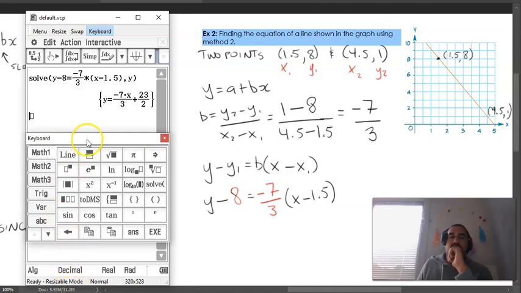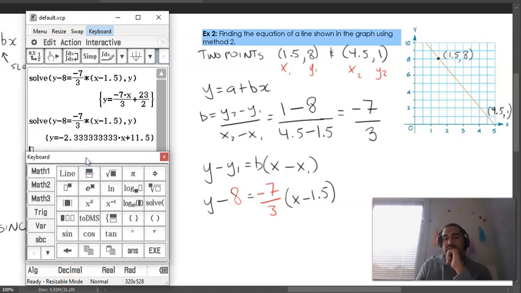Now that it's showing decimal, if I execute that again, it's going to show the decimal format, and hopefully the question tells you how many decimals to round to. In this case, y is equal to negative 2.33x plus 11.5, and that will be our answer. For traditional sake, it's usually 2 decimal places.